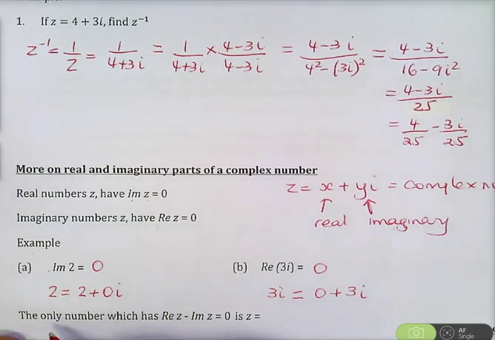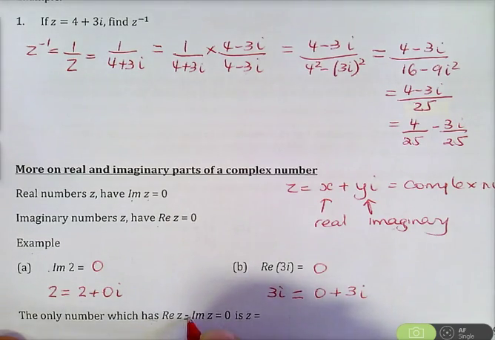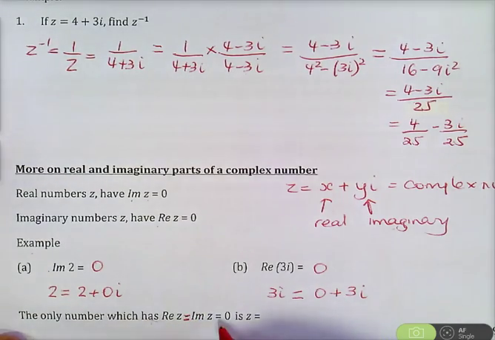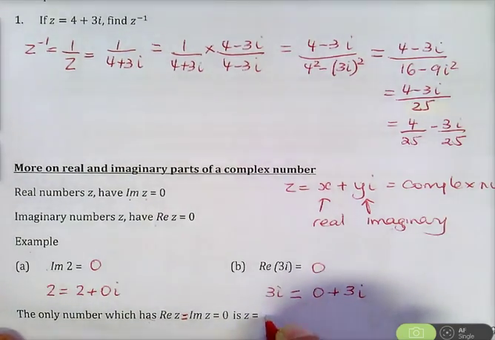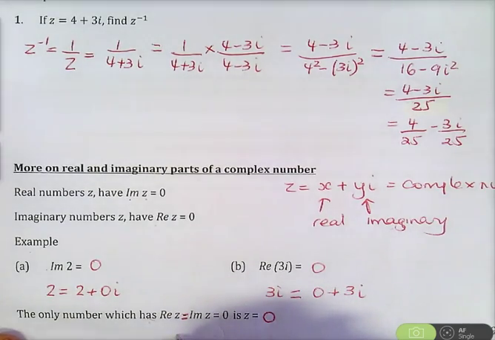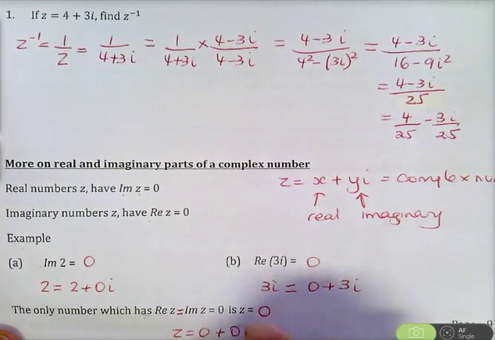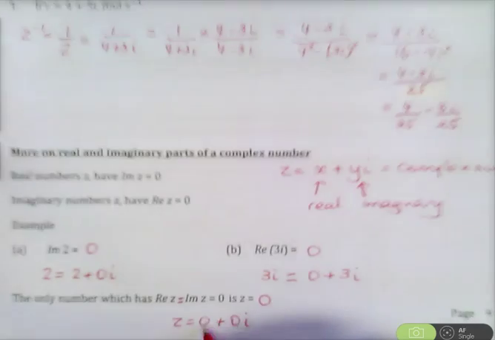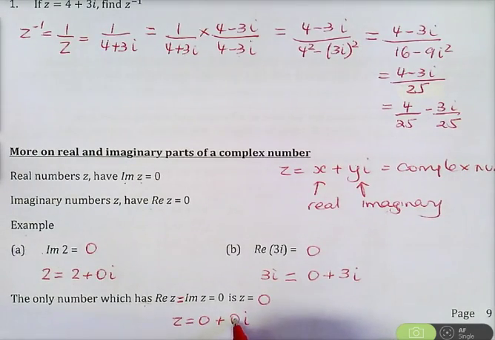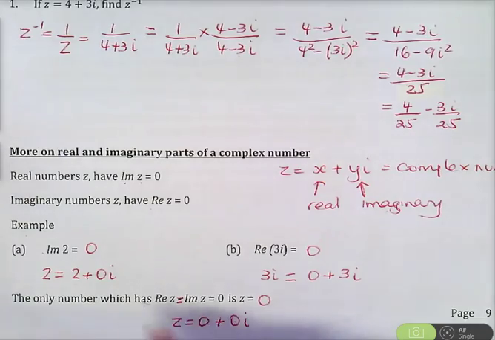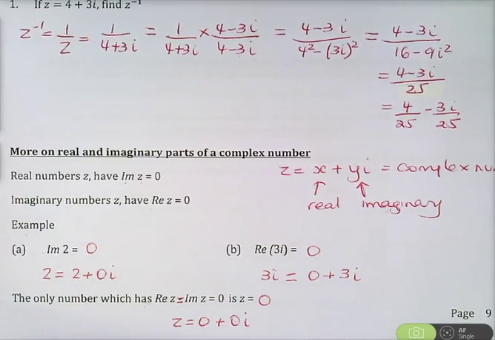Now, the only number which has real part of z, this should be an equal sign, equal to imaginary part of z, which is equal to 0, is the complex number z equals 0, because just watch, if the complex number z is 0 plus 0i, my real part of z is 0 and my imaginary part of z is 0. So the only number which has the real part of z equal to the imaginary part of z, which is both equal to 0, is z equals 0.